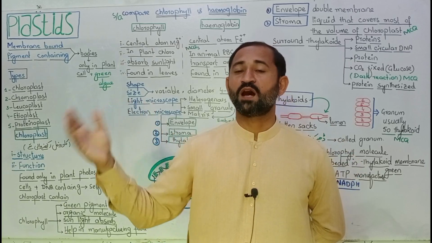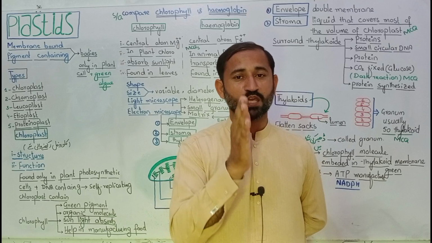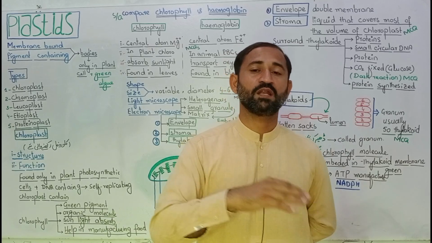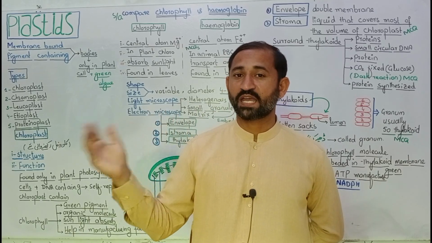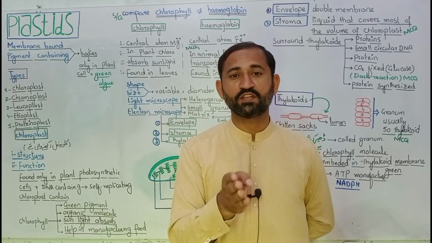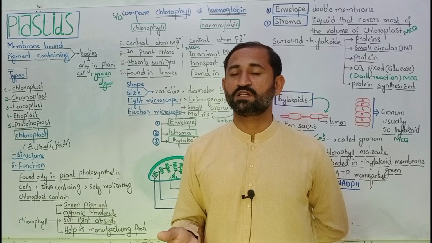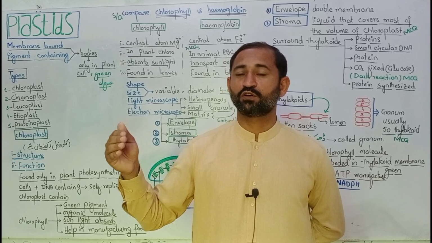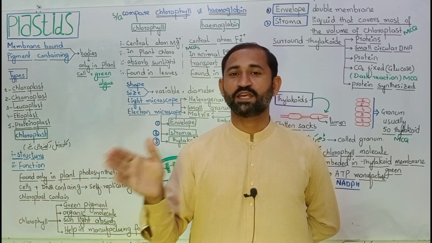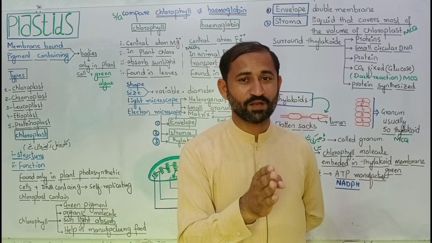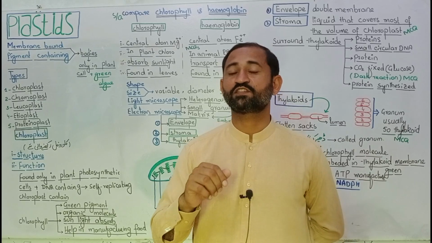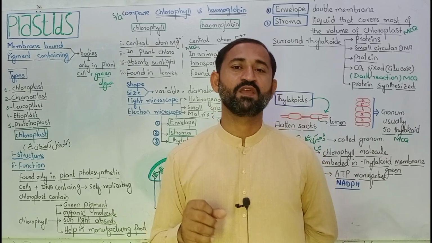Chlorophyll is found in plants, whereas hemoglobin is found in animals. Chlorophyll is light absorbing, whereas hemoglobin is oxygen transporting, a part of the red blood cell. Chlorophyll is found in chloroplast and hemoglobin is found in the red blood cell. This is a short question.